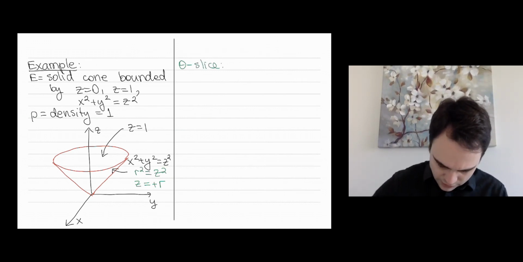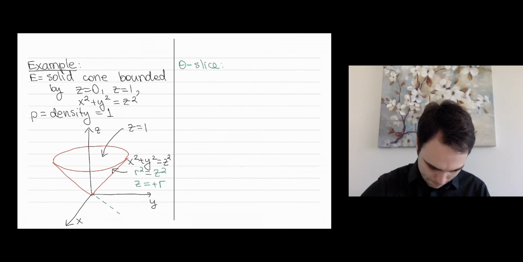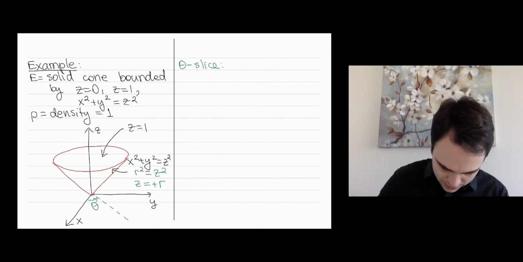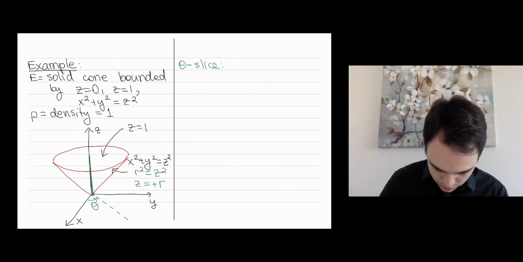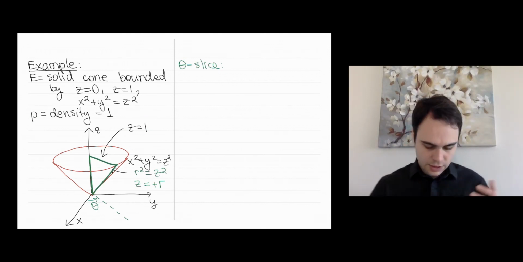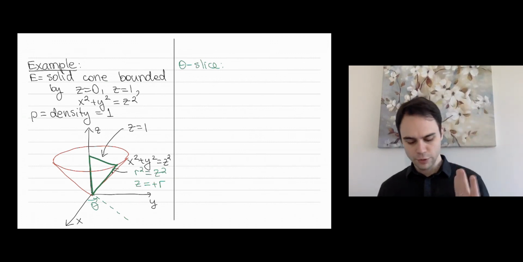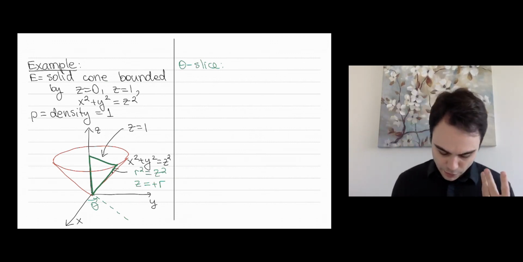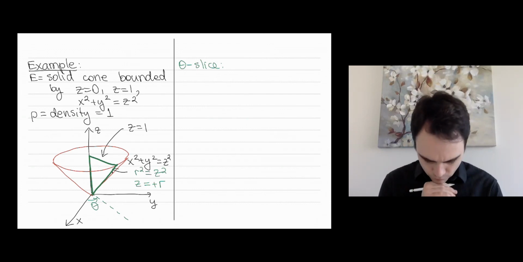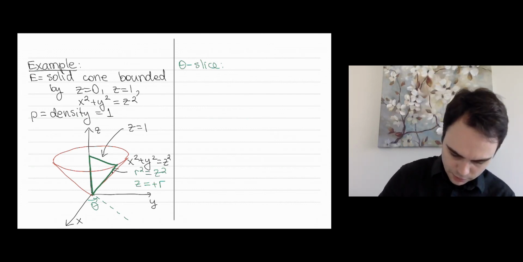So if I fix a value of theta, the angle around the z-axis, and I cut my solid region by a vertical half plane with angle theta around the z-axis measured from the x-axis, I'm going to get this shape.